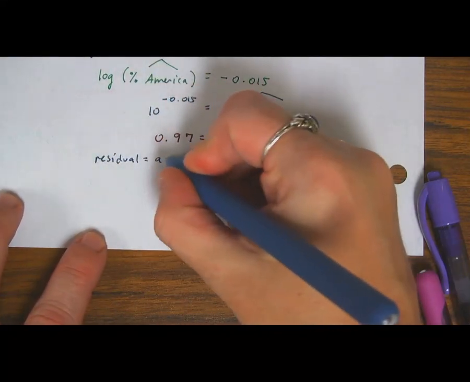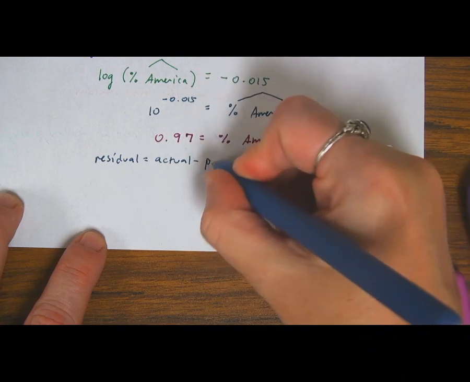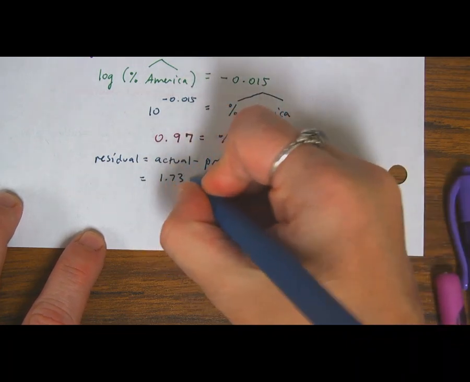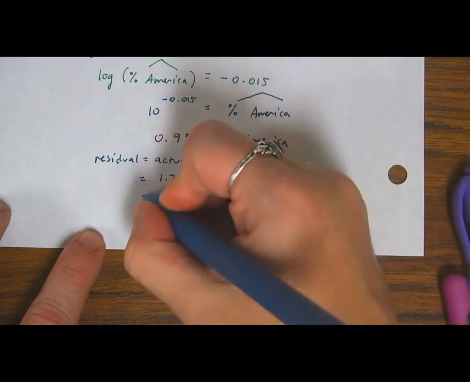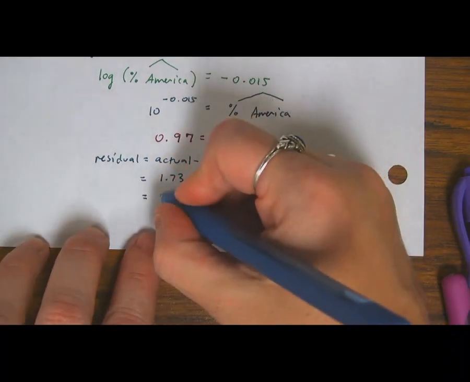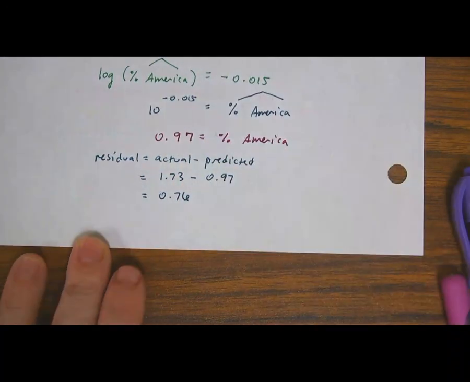Actual minus predicted. Well, the actual percentage is 1.73. The predicted is 0.97. So subtract those, and the residual is positive 0.76.